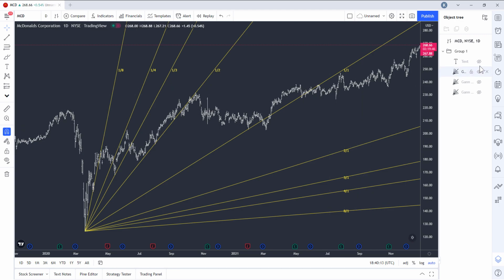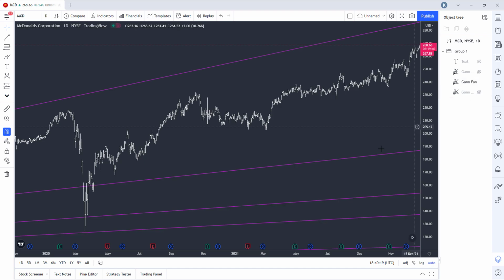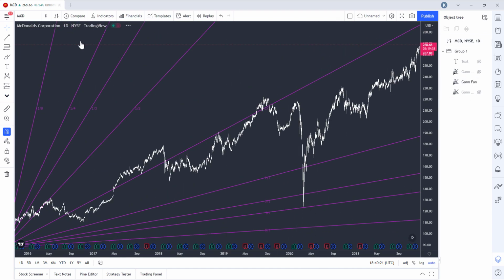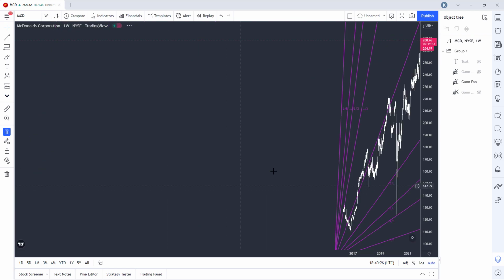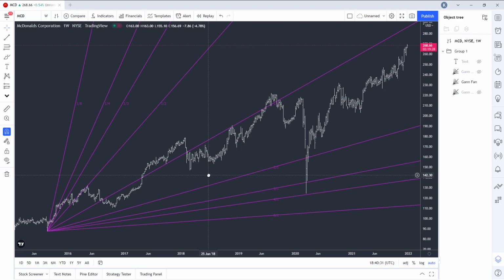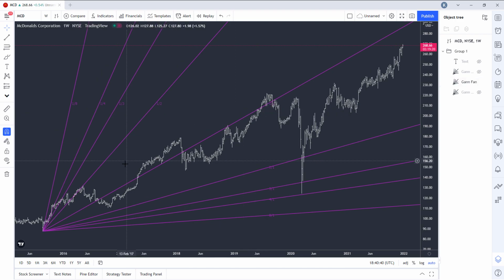So I have a few more angles drawn for you. I'll show you the calculations also, but first let's see a weekly angle. As you all know, weekly trends are stronger than daily trends, right?